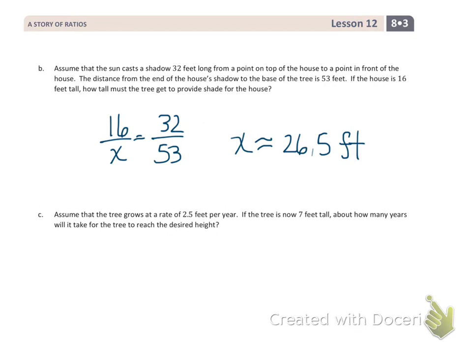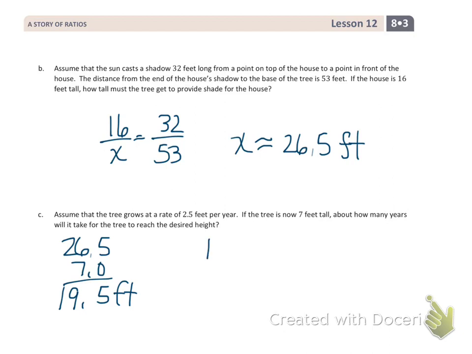Okay, so the tree is already 7 feet tall, so we would want to subtract 7 feet from the final height that we want our tree. So our tree needs to grow 19.5 feet, and we want to figure out how many years that's going to take. So it grows 2.5 feet every year.